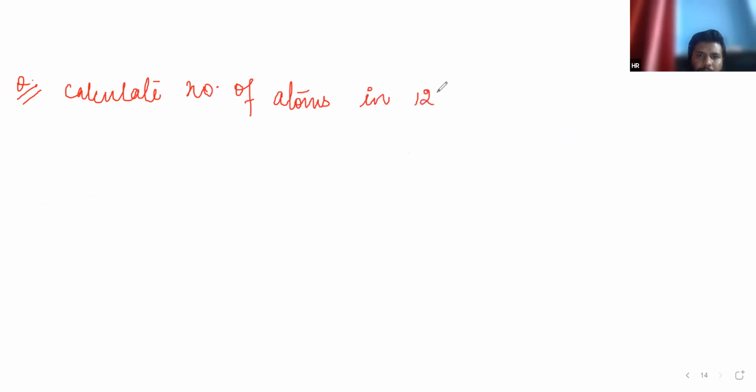What I want to calculate is the number of atoms in 1240 AMU of P4.